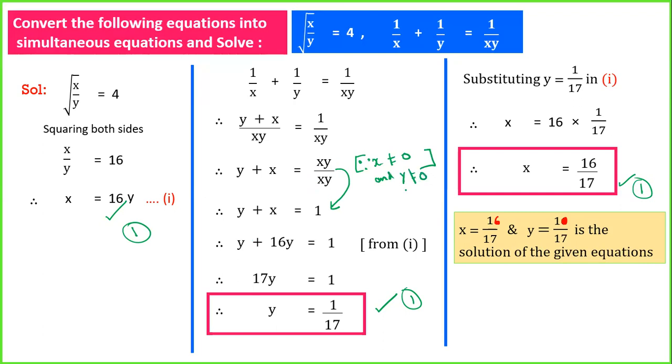Not really necessary, but I believe to make it really perfect, you need to write this. Now you would argue, so how do I know x and y are not equal to 0? If you look at the question itself, it says 1 upon x and 1 upon y. If x or y is equal to 0, then the entire question doesn't exist. So I can directly assume that x and y are not equal to 0 based on the question. So mentioning it in our sum also is always on the safer side.